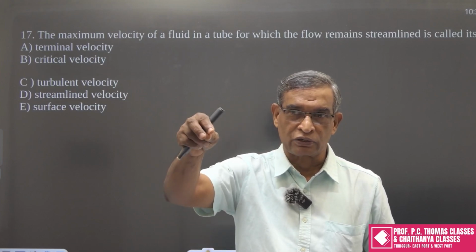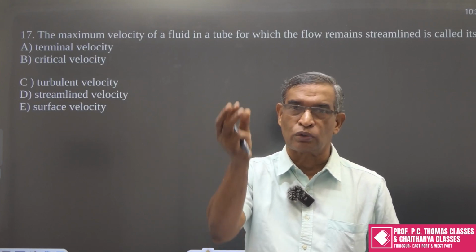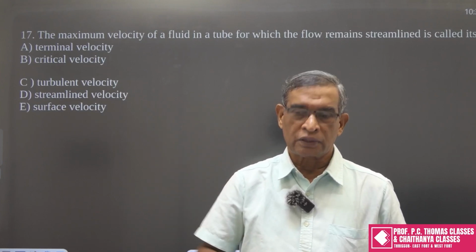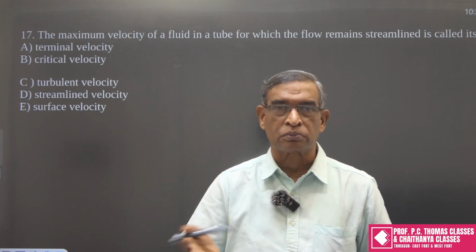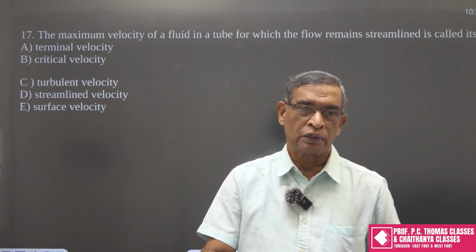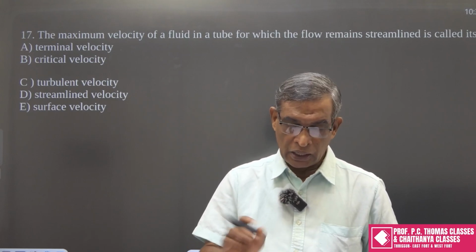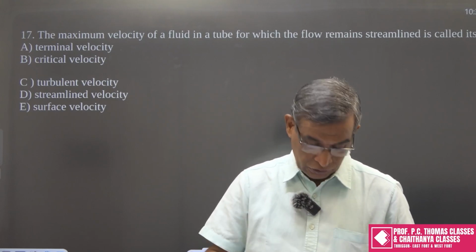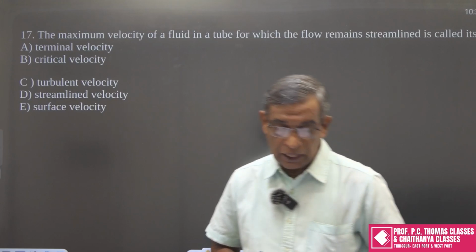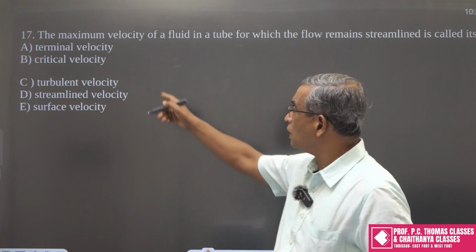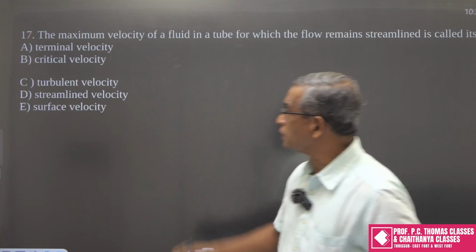Tap slightly open, streamline. Tap wide open, turbulent. Up to a particular speed streamline flow is maintained, above which turbulence begins. That is called our critical speed.